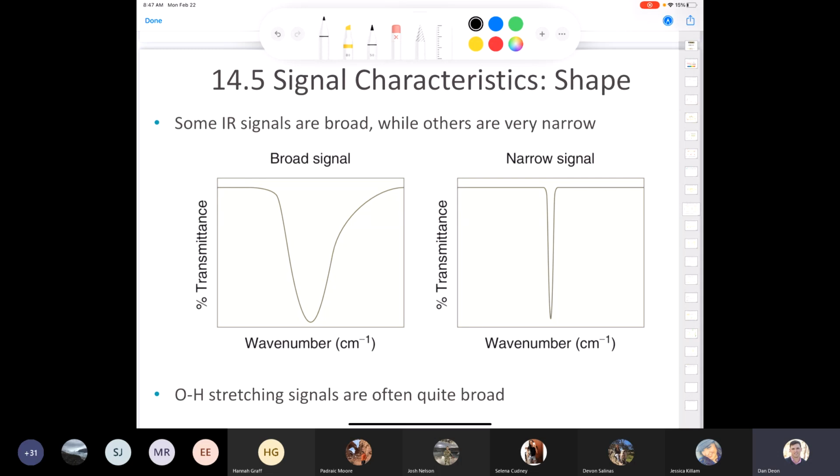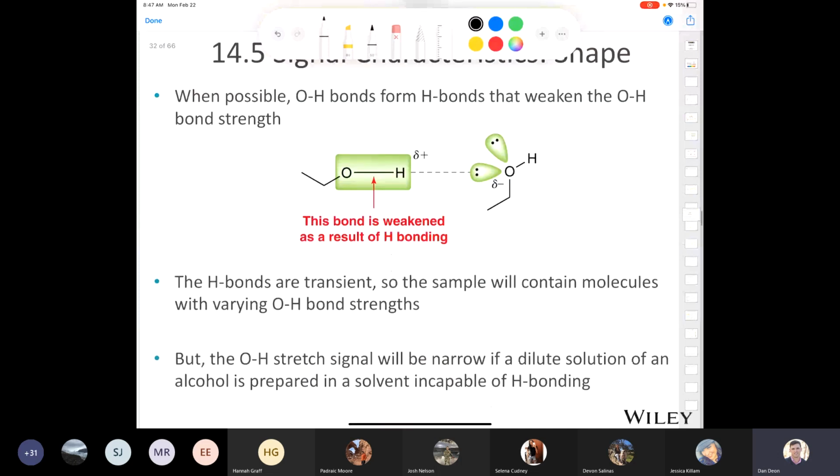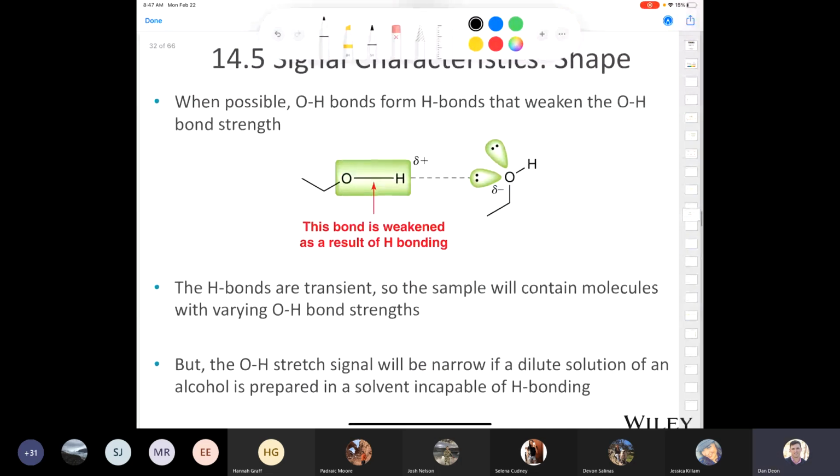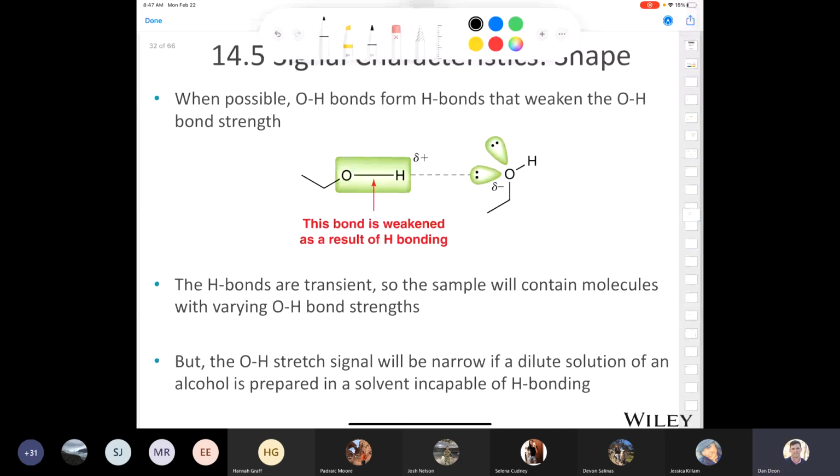And one effect of hydrogen bonding is to weaken the oxygen-hydrogen bond. Here's a picture depicting hydrogen bonding between two hydroxyls, right? You have one hydroxyl here, you have the other one here, you have the hydrogen bond that's shown here, and the bond gets weakened as a result of that hydrogen bond.